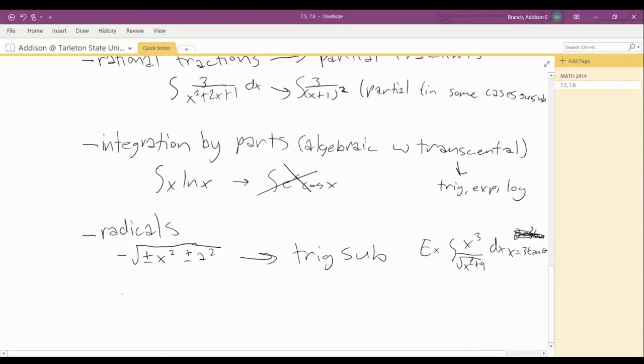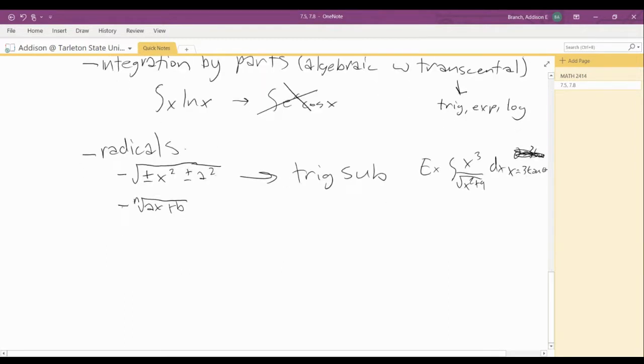But there's another one, we haven't really covered this one as much, but let's say you have some sort of radical, doesn't matter what power, and you have some sort of function, especially if it's linear, but you can do this for any function under a radical. Some sort of u sub is a big hint.